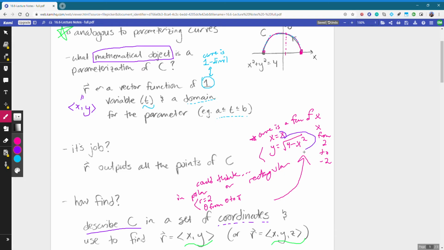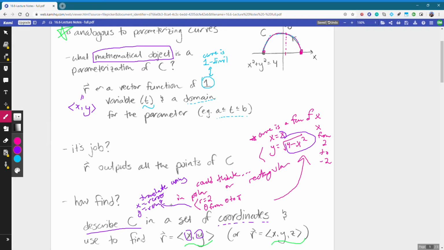Then we could just pop our x and our y in for our x and our y coordinates. With polar, we need to do a little translating first, to get our x and y using what those are in polar: r cosine theta and r sine theta.